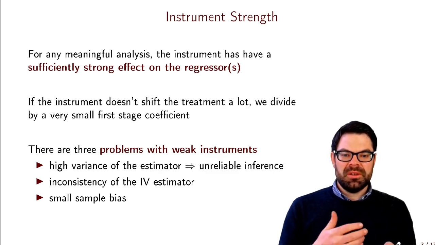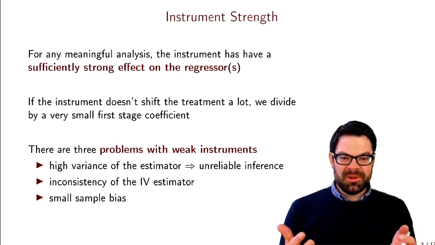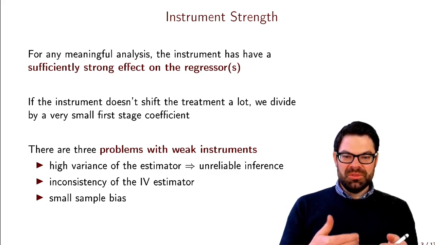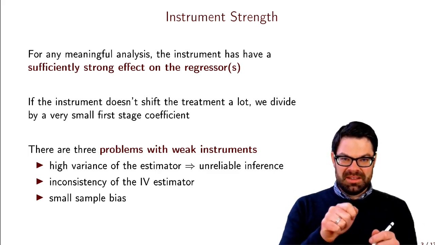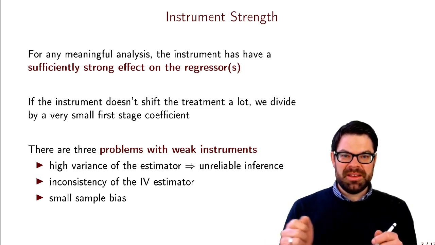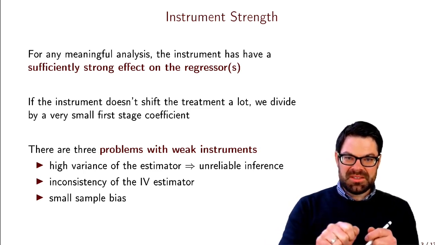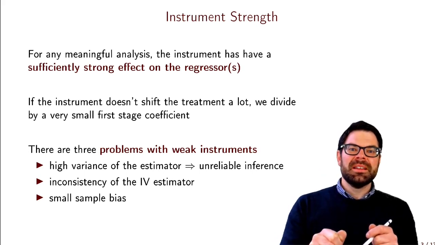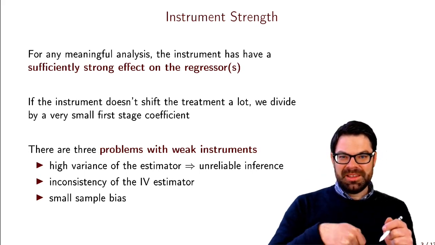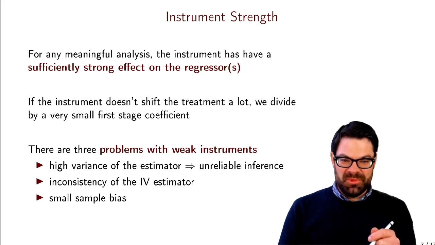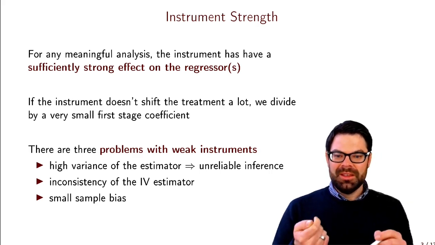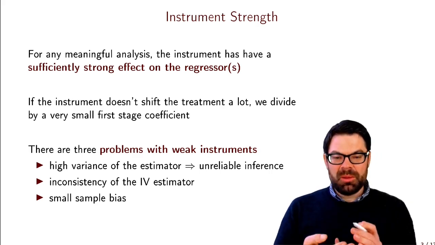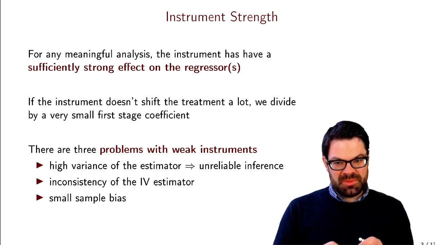Remember that an IV estimator only uses the variation in the regressor that is explained by the instrument. So if the instrument doesn't explain much of that regressor, then we cannot draw any meaningful inference. So there are actually three problems with weak instruments.